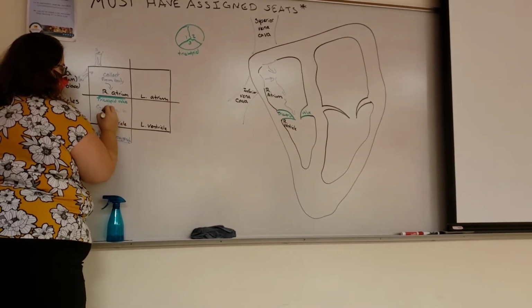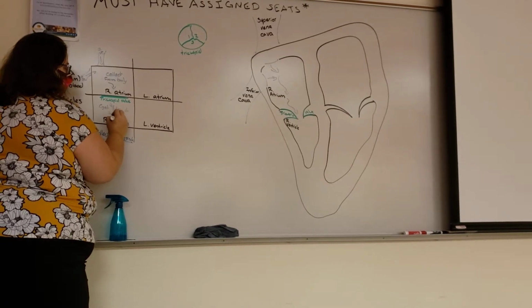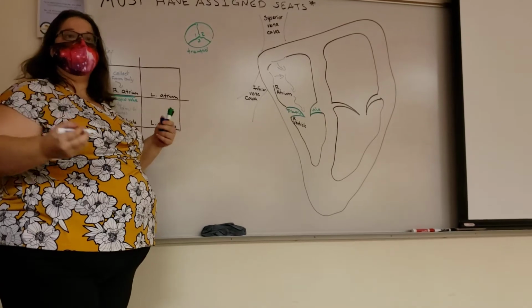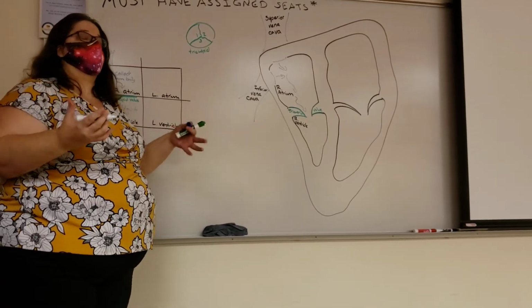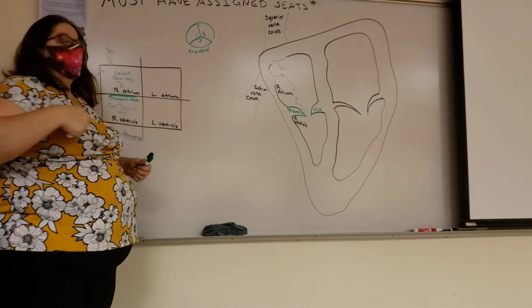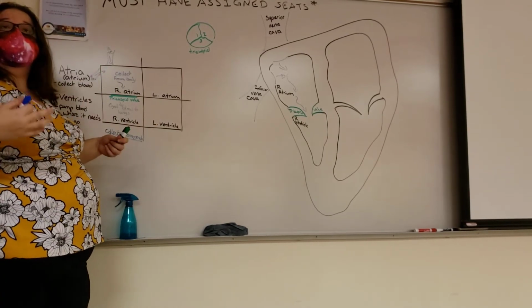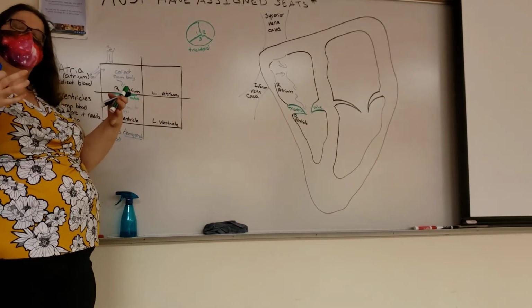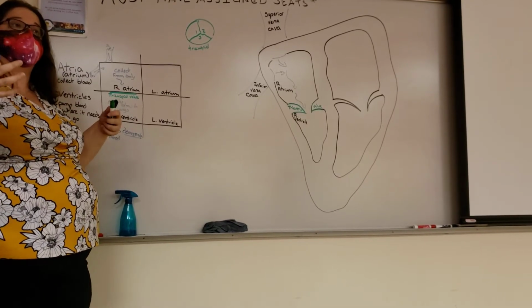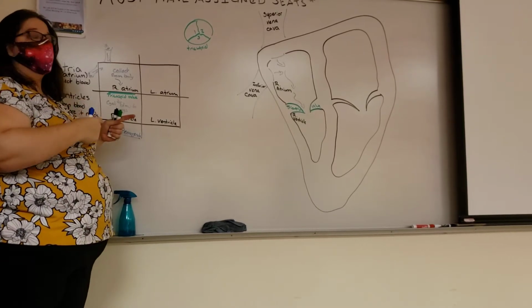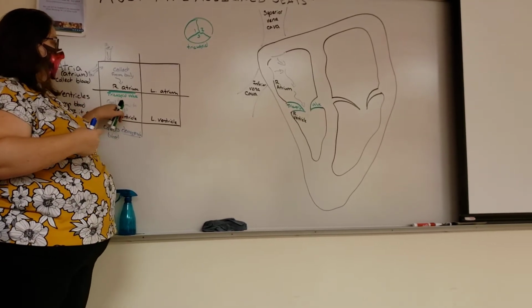Because your lungs are what trade the carbon dioxide for the oxygen. We'll get into that more in lecture for how that happens. But the lungs' job is to trade oxygen for carbon dioxide, so the waste in you for the energy you need to keep going. So the job of your right ventricle is to get blood to your lungs.